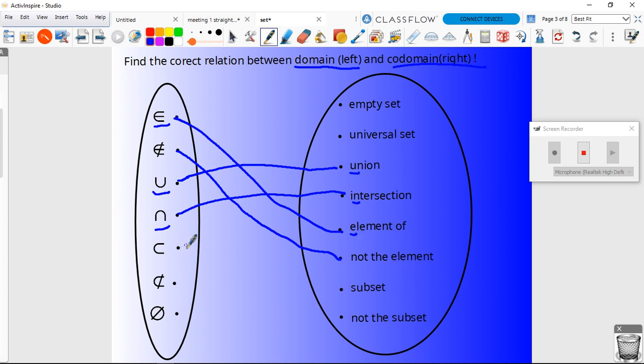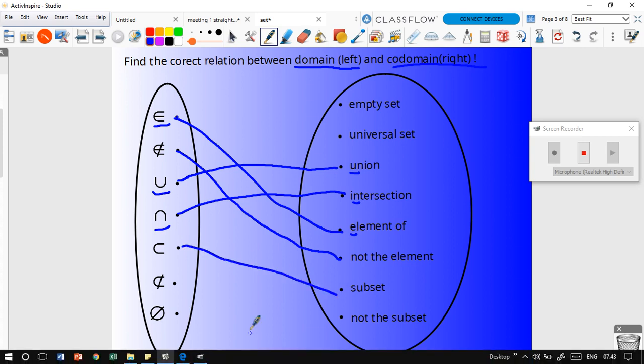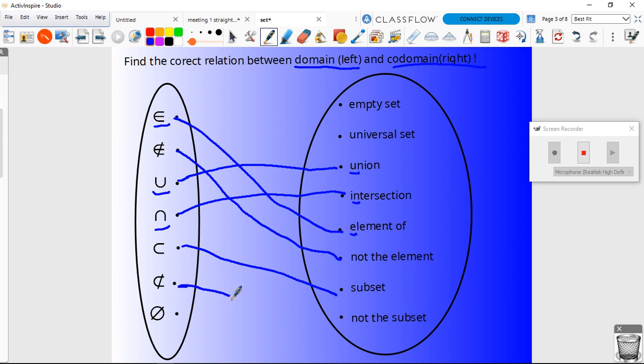So how about this C, that is for subset, and then this other C with a scratch is not a subset, and this one is for the empty set. So we can also write it like this. Okay, so this is the relation between the symbols and their meanings.